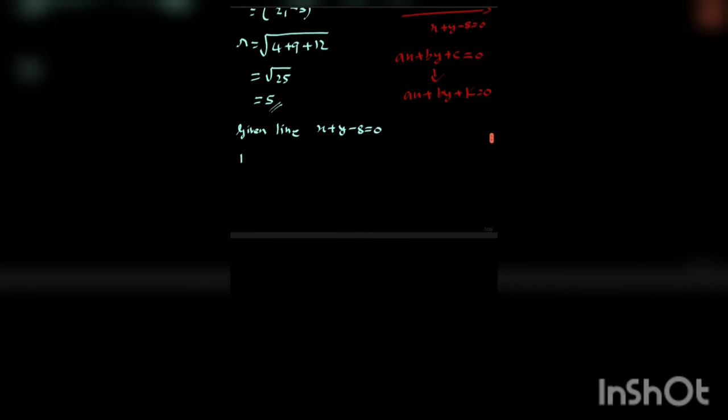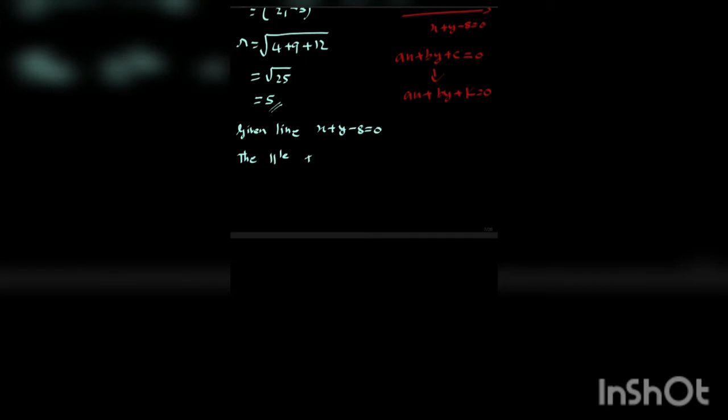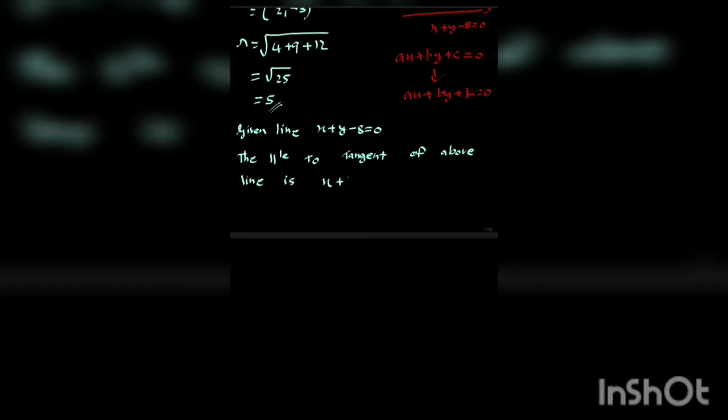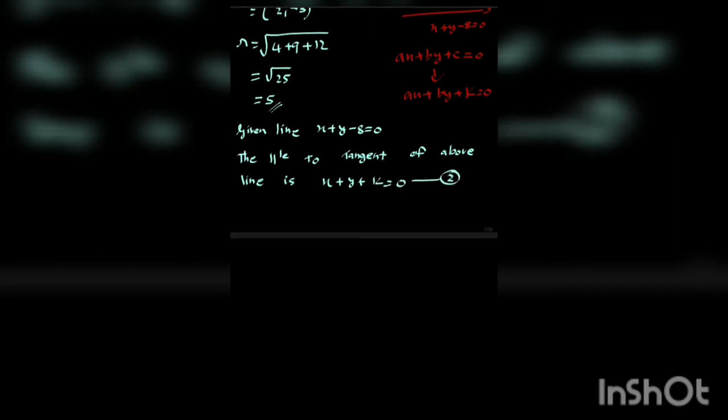So the tangent parallel to the above line is x plus y plus k is equal to 0. So consider this as equation 2.